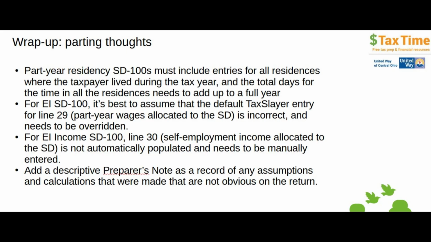For earned income SD100 line 30, the self-employment income, which is allocated to the school district, is never automatically populated and will need to be manually populated if there is self-employment income. And finally, although we didn't do it here, it's always a good idea to add a descriptive preparer's note to the return as a record of any kind of assumptions and calculations that were made that are not obvious.